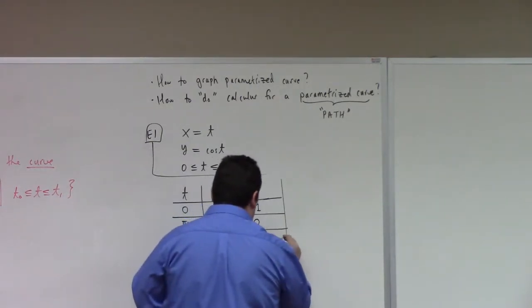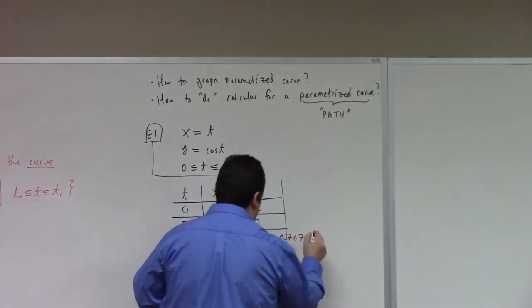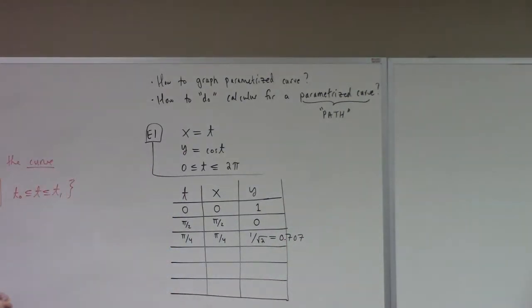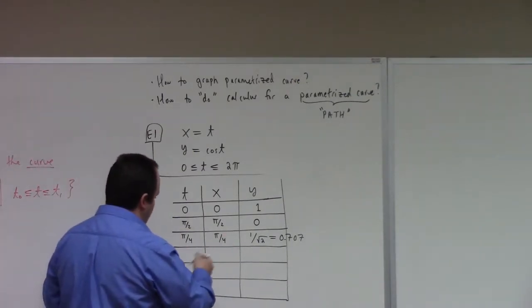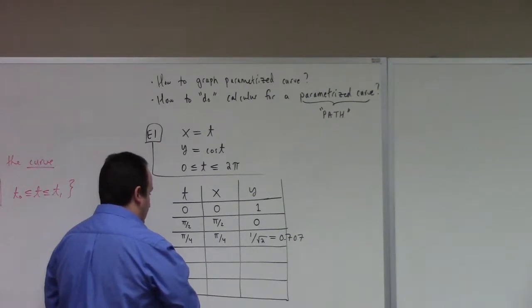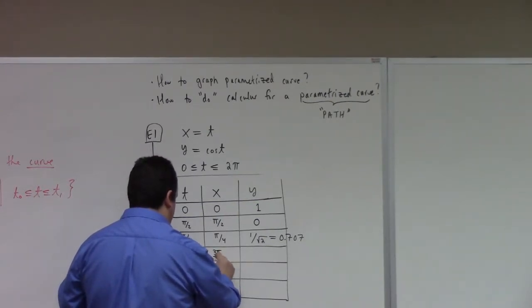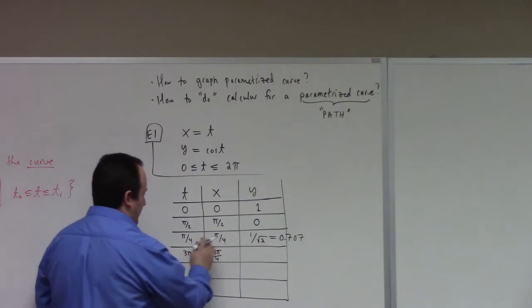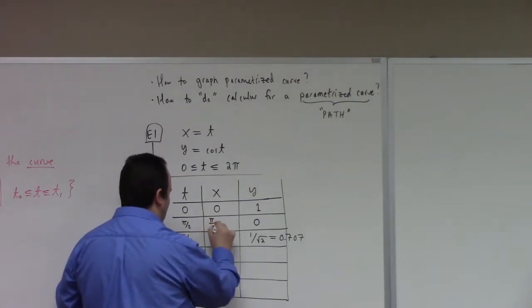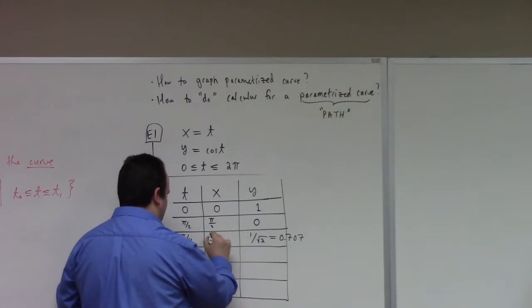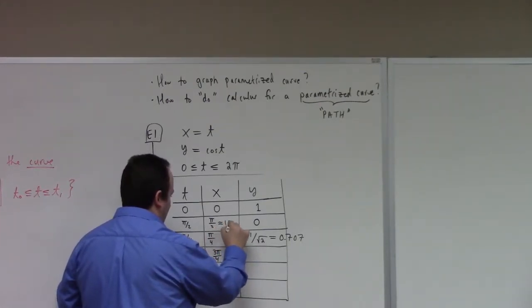Now, it's going to be helpful for me to put a decimal in here, 0.707. If you're doing a table of values, you probably want decimals because you're thinking about making a crude sketch from this, right? Connect the dot style. Pi over 2, let's see what's next. Maybe I'll jump ahead to 3 pi over 4. Curses. I really need to, what is pi over 2 in decimals? Pi over 2 is about 1.57, yeah?